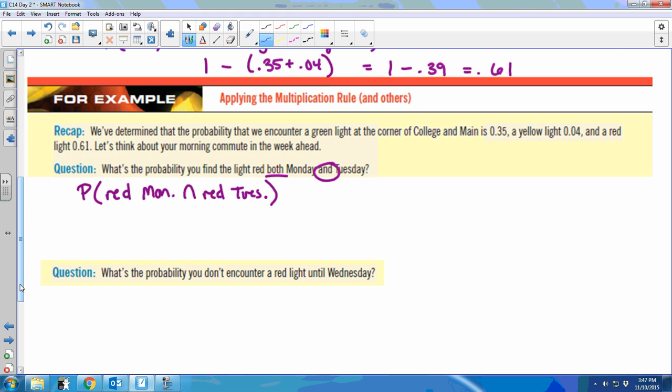These aren't disjoint, you can't add them, but you have two independent days. You would think that one day doesn't influence the other. So we multiply, we use the multiplication rule. So the probability that it's red is 61%. So 61% chance it's red on one day and 61% chance that it's red the next day. We're just going to multiply those together.